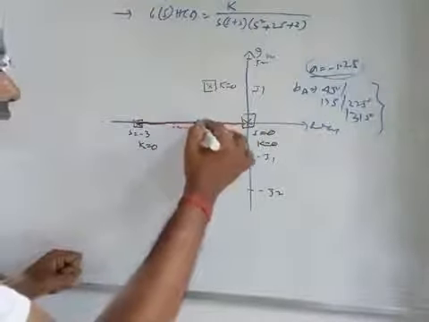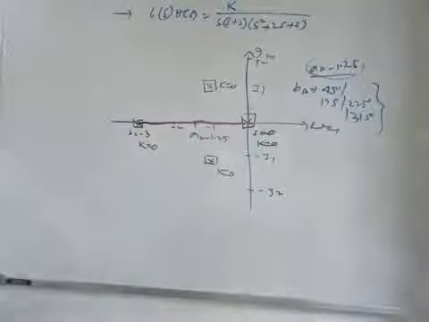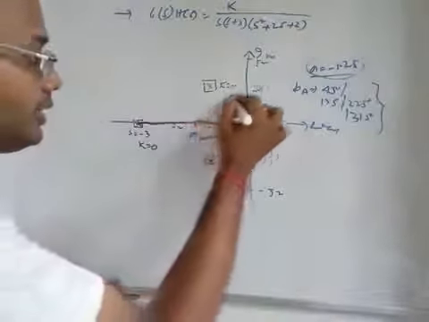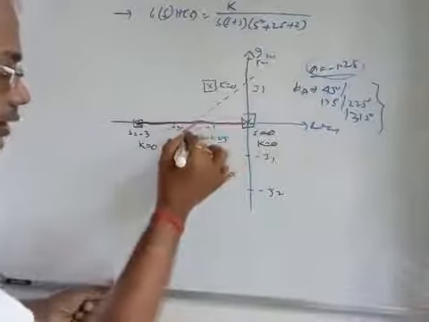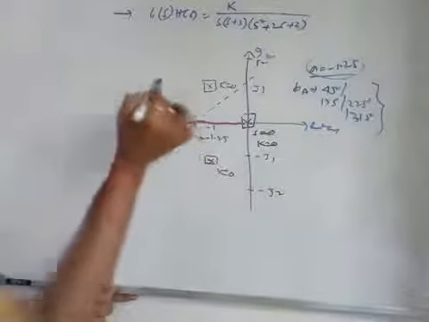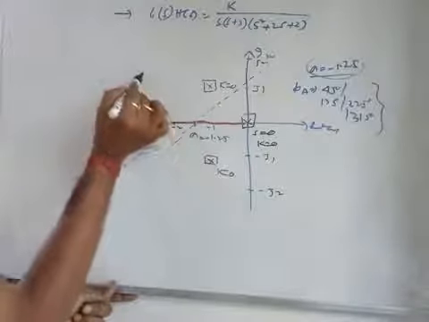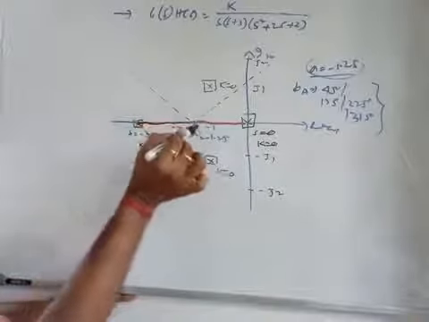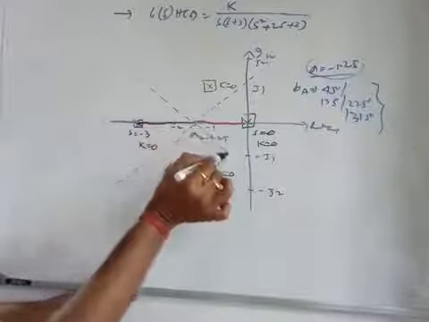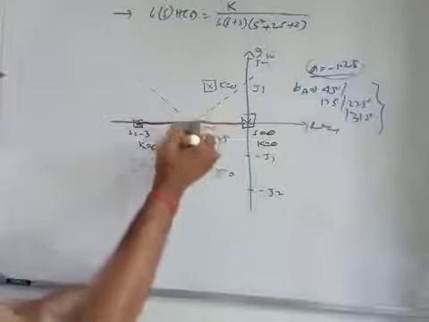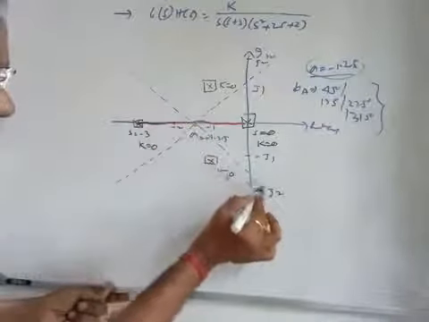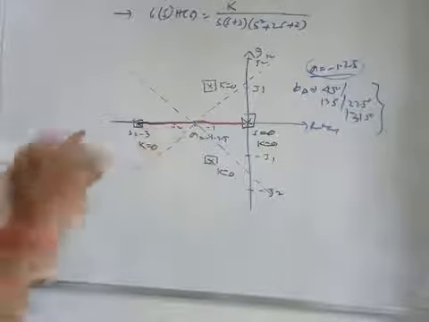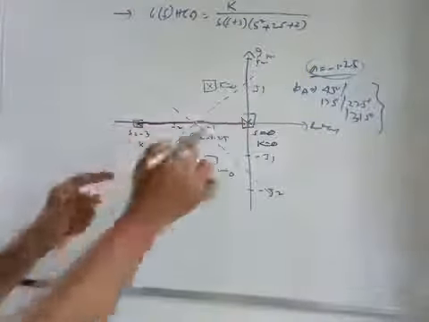Like I can draw the angles like this, say 45 degree, this is one asymptote, this is 135 degree angle, and this is 180 degree plus 45 degree, that is 225 degree, and this is ultimately 180 degree plus this, that is 315 degree angle. So these are the four asymptotes.